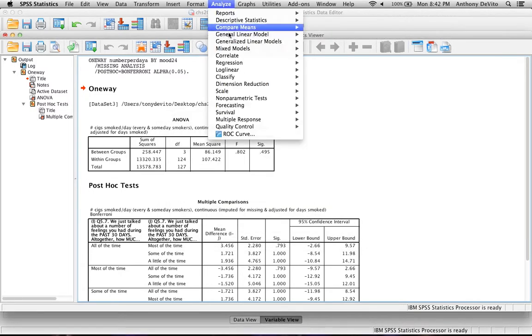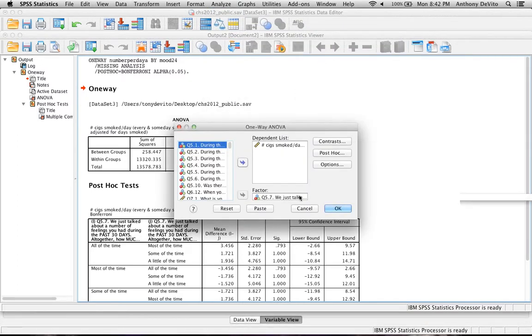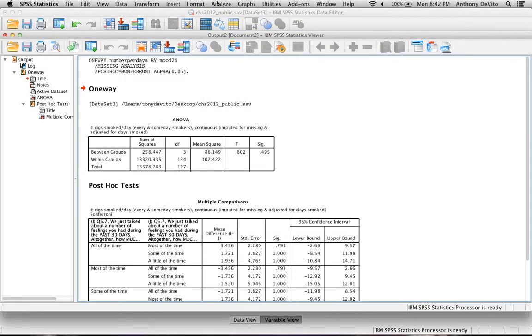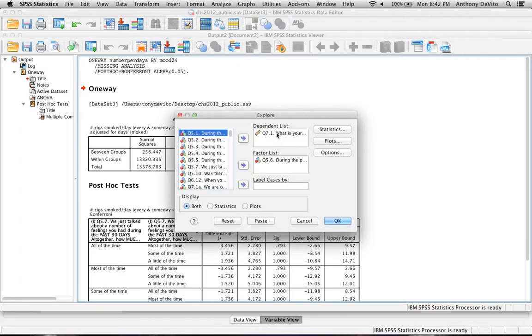Let me go to explore, analyze, compare. I'll bet you're going to be able to tease out some of these that are going to work pretty well. Number of cigarettes. I want descriptive statistics, explore. I'm going to move this back.